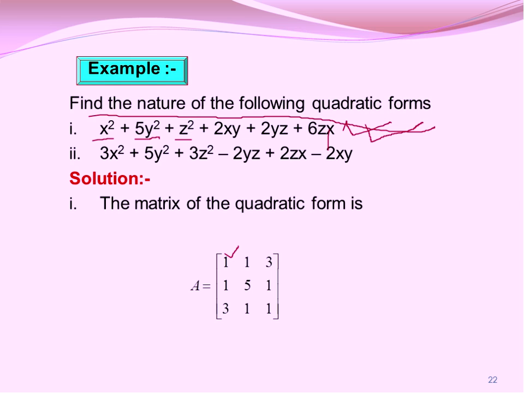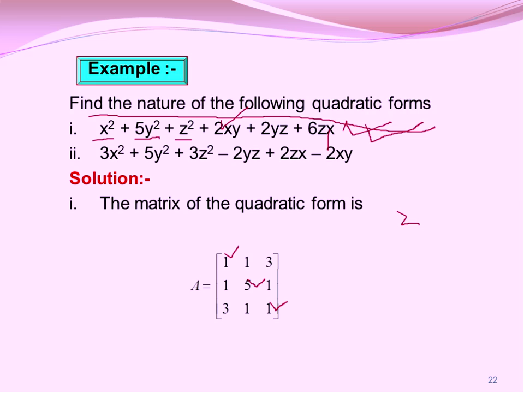First of all, you have to write it in matrix form. First, we write the coefficients of x square, y square, z square: 1, 5, 1 on the diagonal.